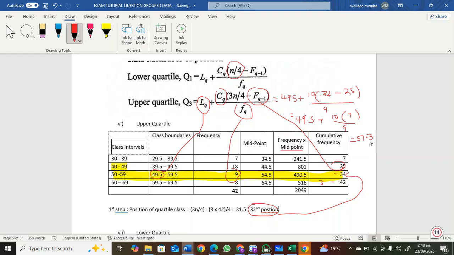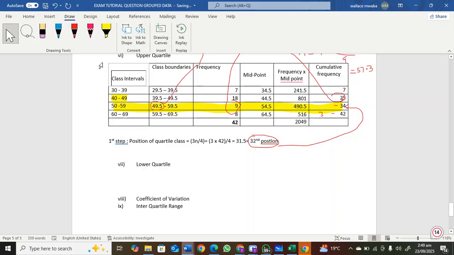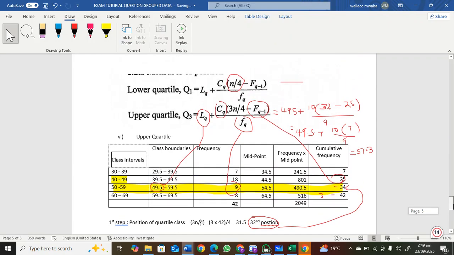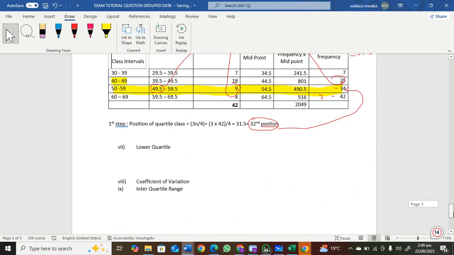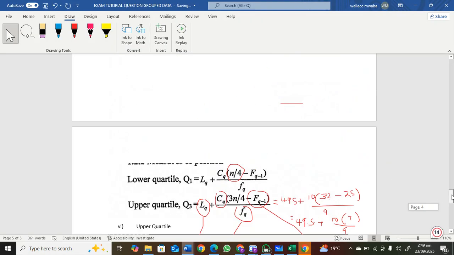Okay. So the same format applies for the lower quartile. I can still use the same table here. For the lower quartile, first we need to find the position. The position is n divided by 4, as we can see in the formula.